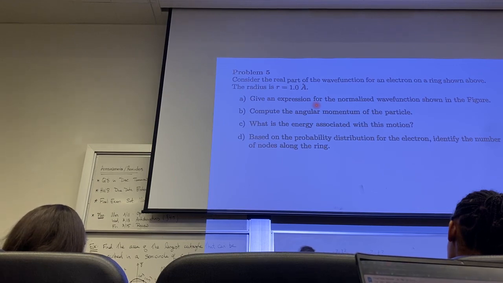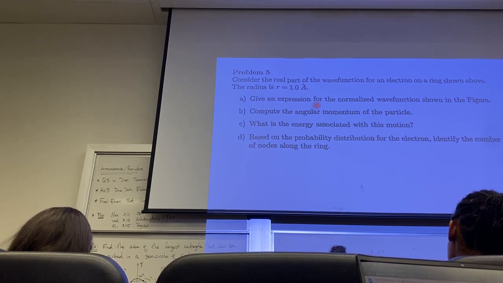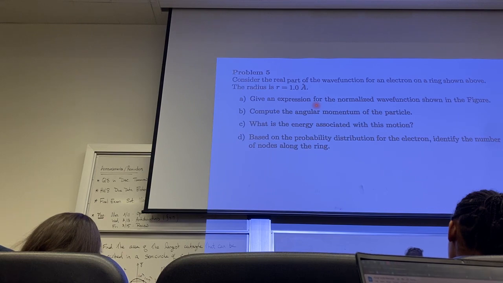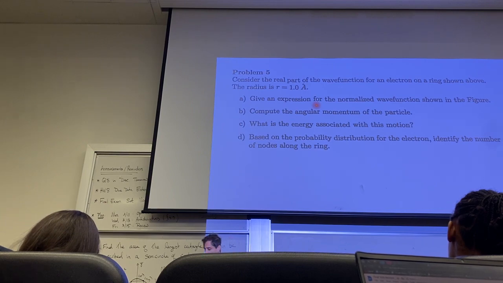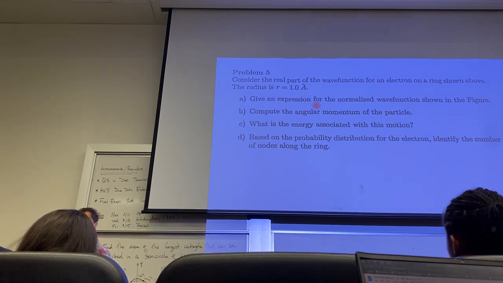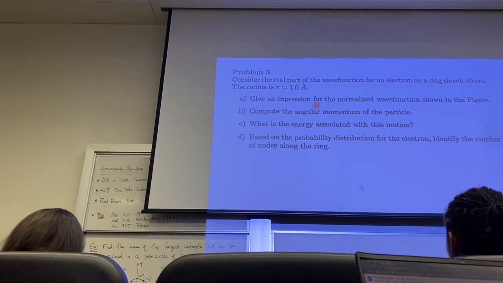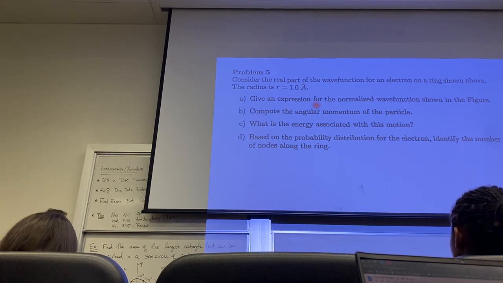All right, last question for this problem. It's about the probability density of the electron on the ring. Question is, based on the probability distribution of the electron, identify the number of nodes along the ring. How many nodes?